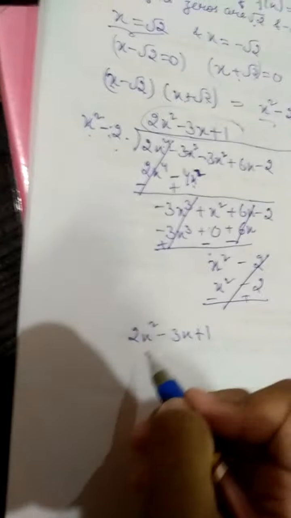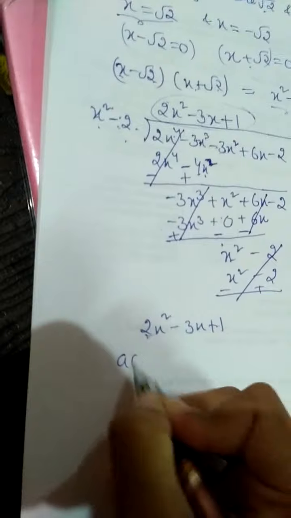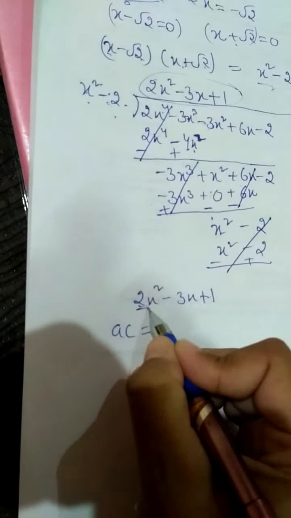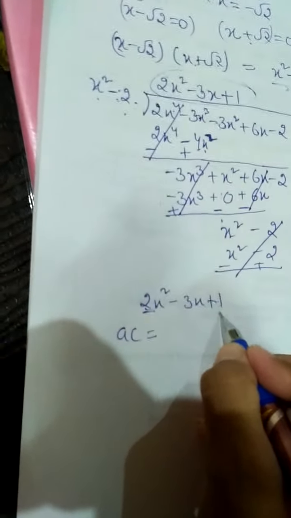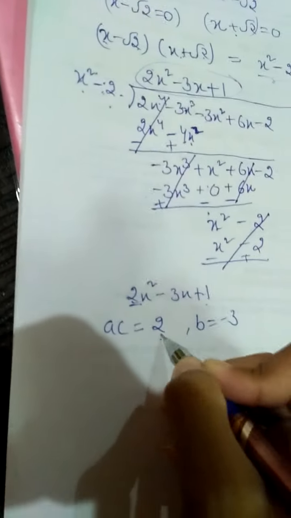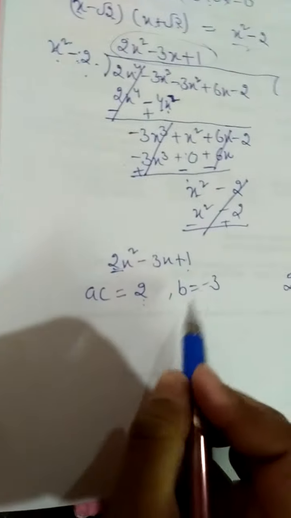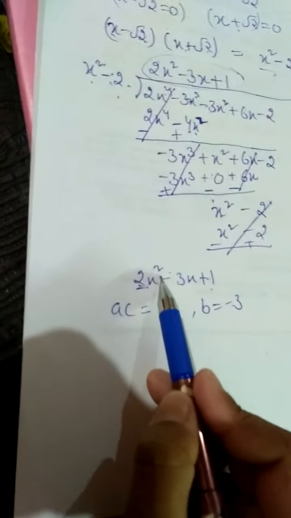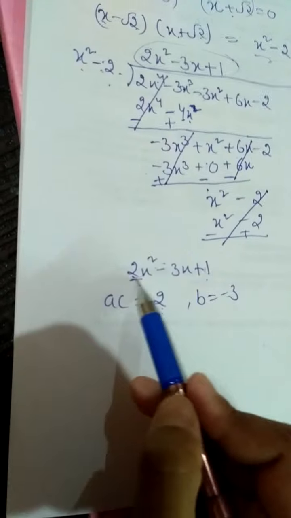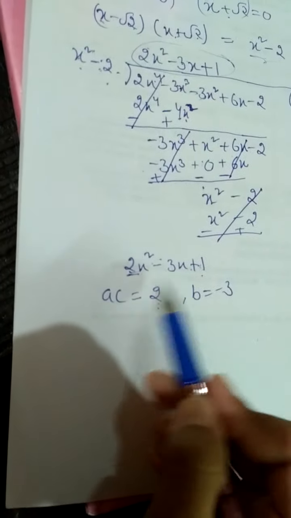How we can do it is multiply a and c, where a is the coefficient of x square and c is the constant term. If I multiply, it is 2, and b is negative of 3. If I factor 2, it will come as 2 and 1. What I told you in the earlier video is that if the middle term is negative and all other values are positive, I have to add the factors of a and c.